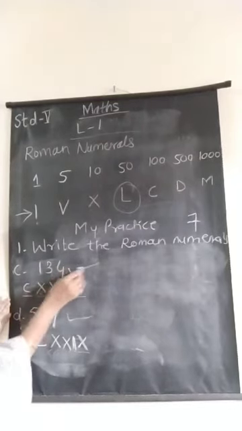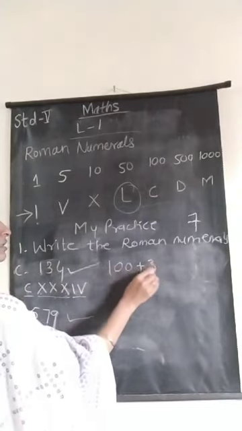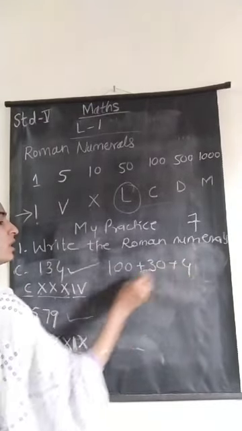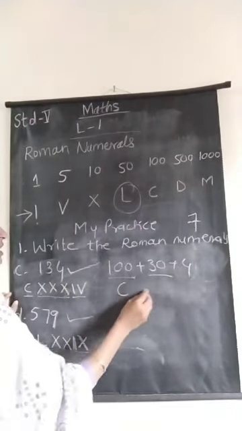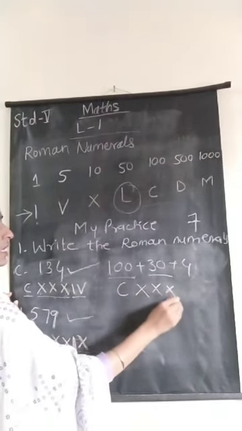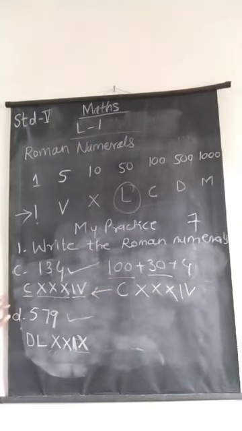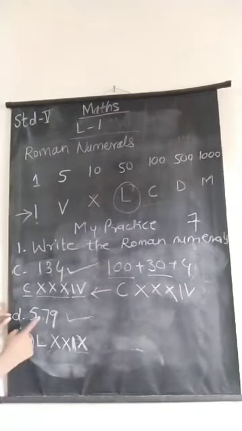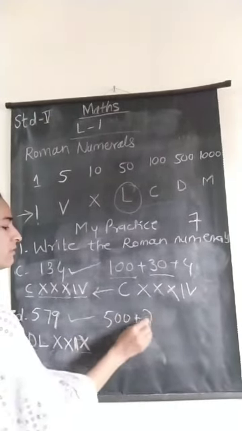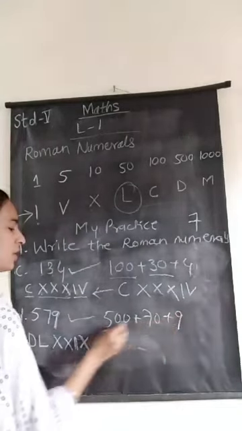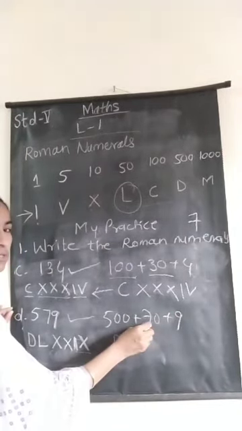See here, 134 can be written as 100 plus 30 plus 4. For 100 we are using C, then for 30 we are using XXX, and for 4 we are using this. So I have written like this. Similarly, this is 500 plus 70 plus 9. 500 is written as D. 70, how are we going to write 70?